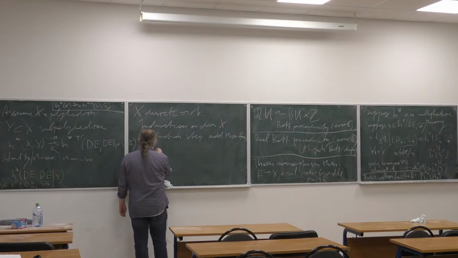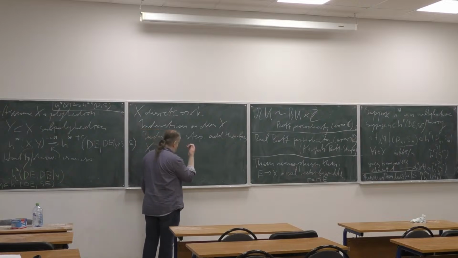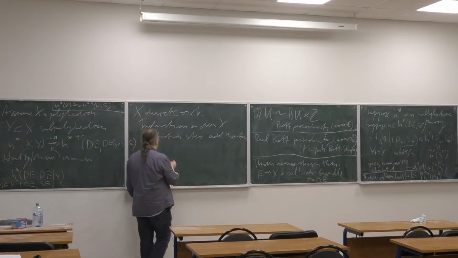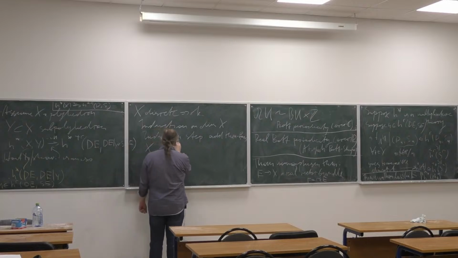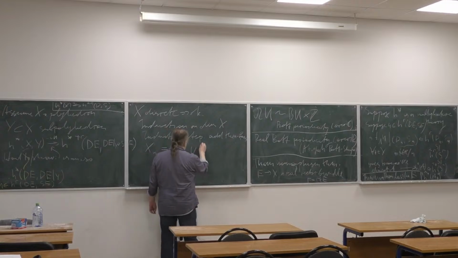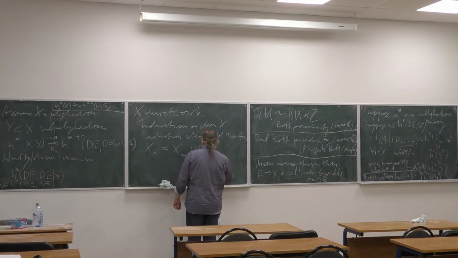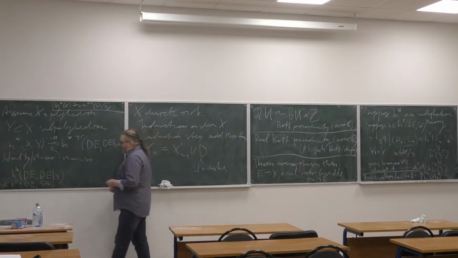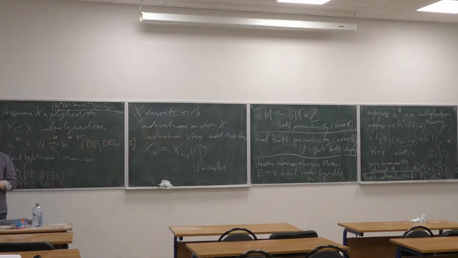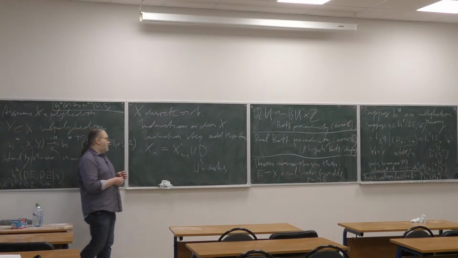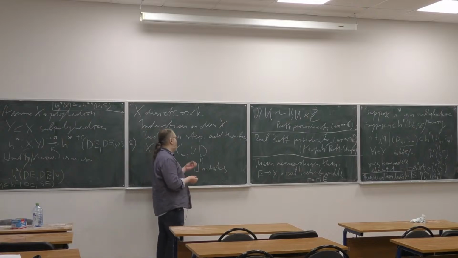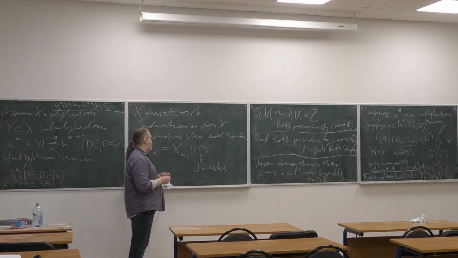Okay, so the n-skeleton is the (n-1)-skeleton union a disjoint union of disks.